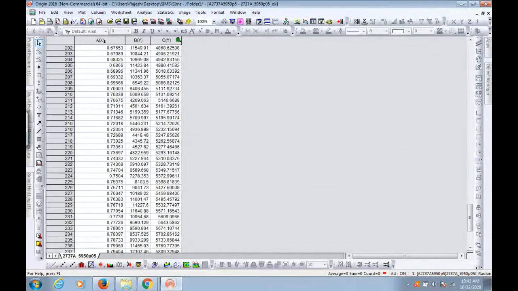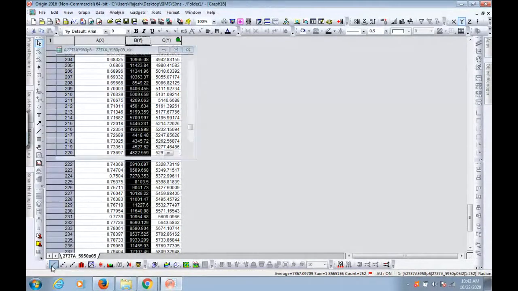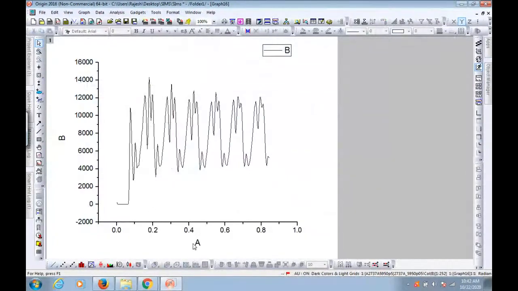Let me show you this one. For example, if I would like to plot this, you would have this type of the data, no? Along the y-axis, you would have the intensity or number of counts.